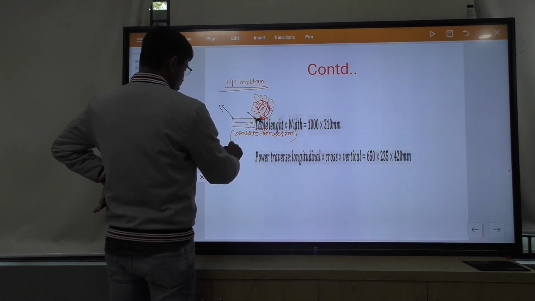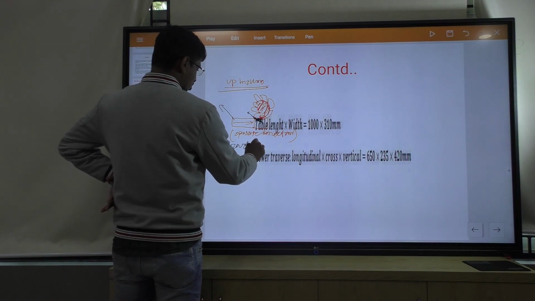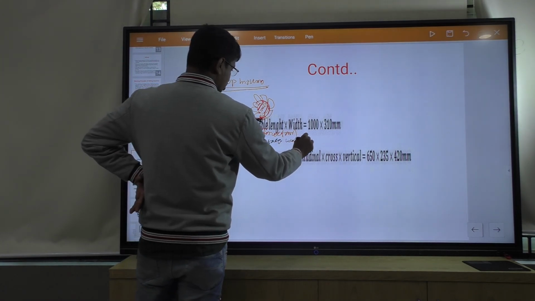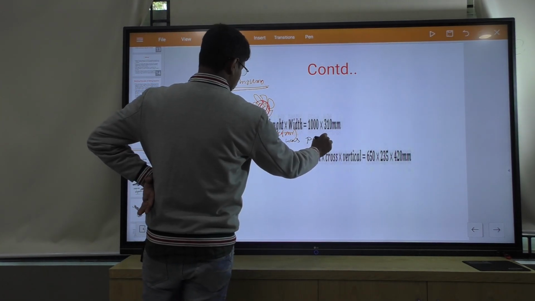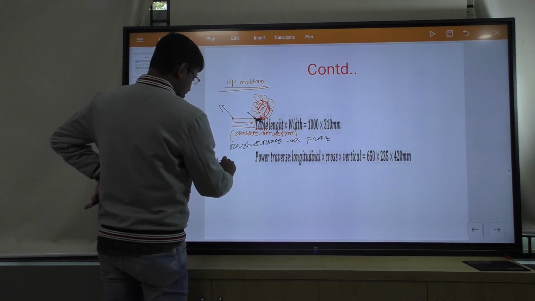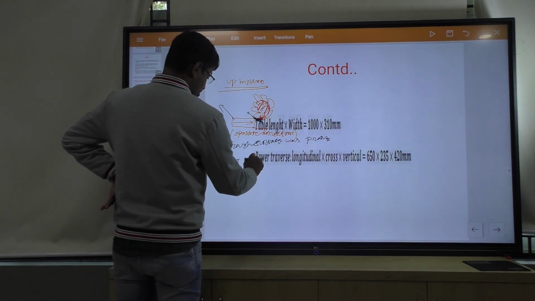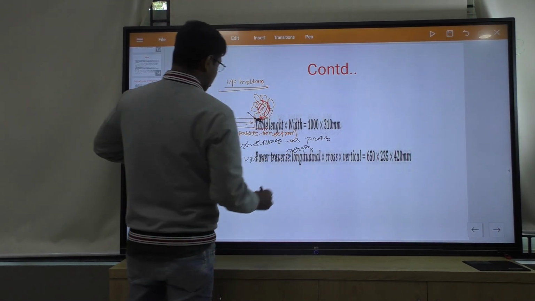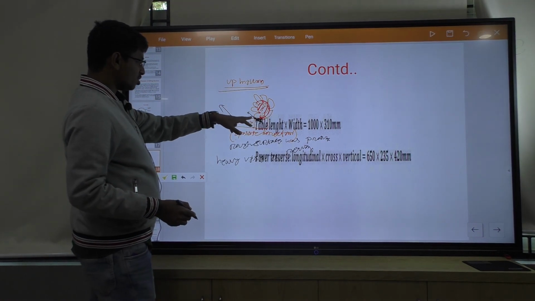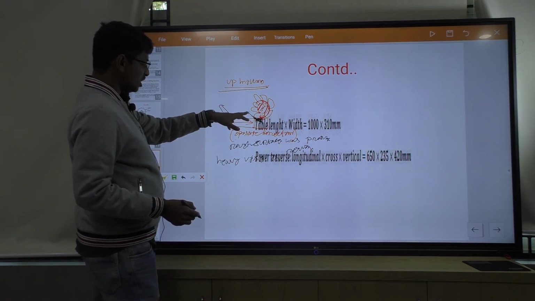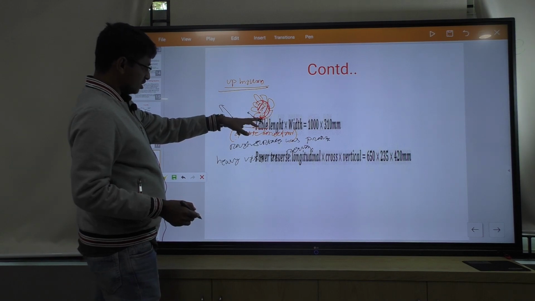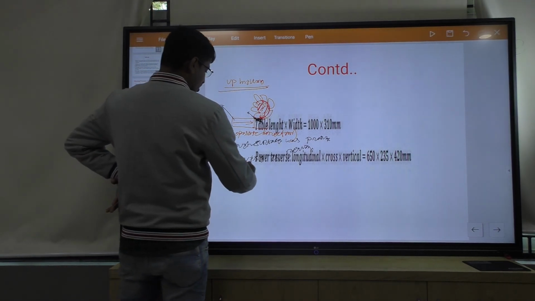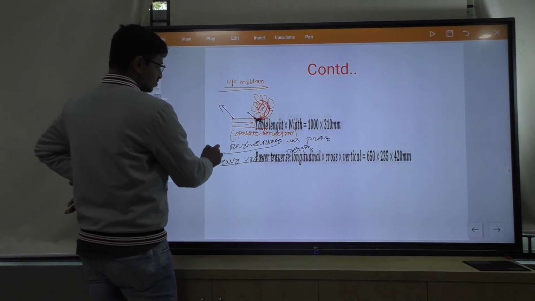In this case a rough surface is produced, and a heavy vice is required. Because of this upward motion of the cutter, from maximum to minimum, there is a chance that the workpiece may be lifted from the table.